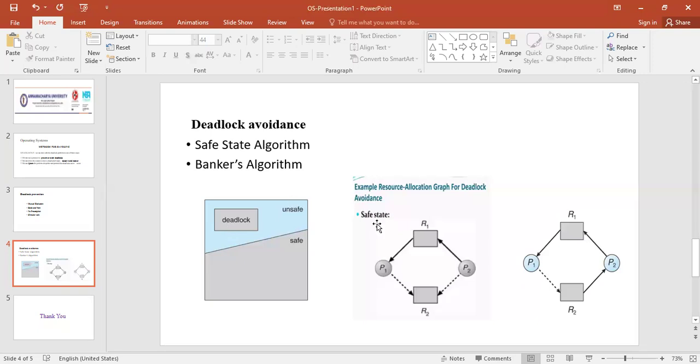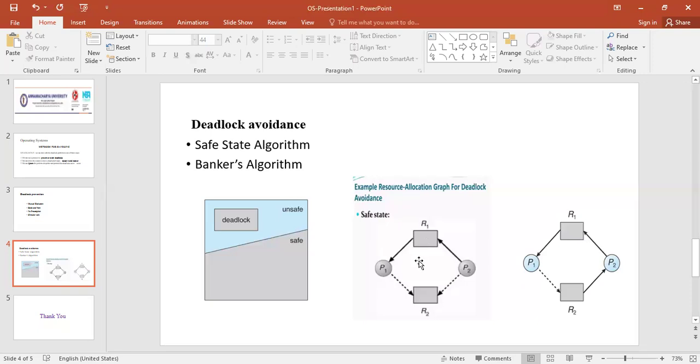So here we are giving a representation of a resource allocation graph, showing how the allocation graphs work to process their resources.